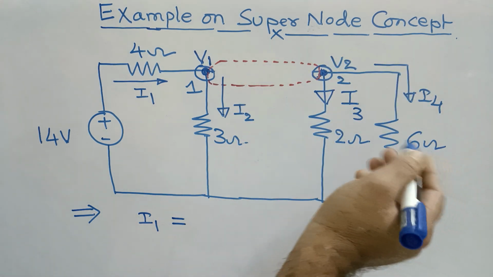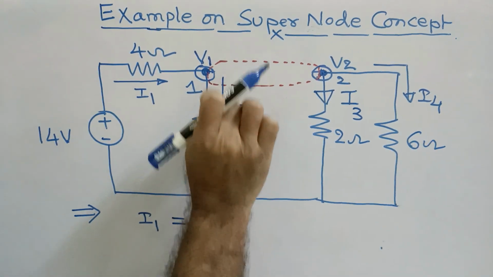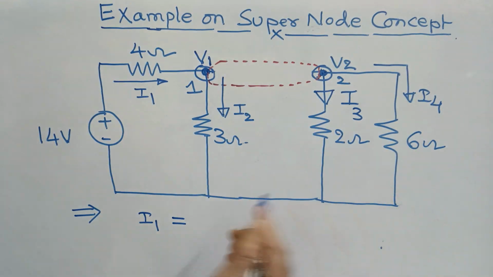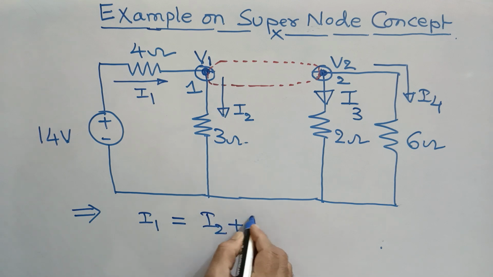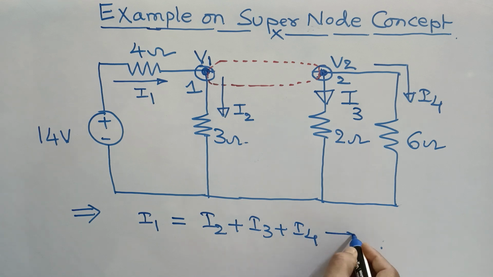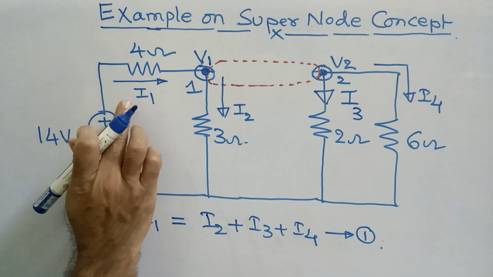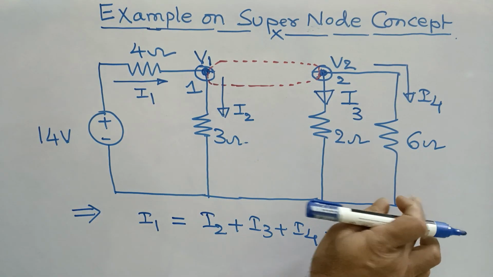I1 is the current entering the node, whereas I2, I3, I4 are leaving the node. Therefore you can write I2 plus I3 plus I4. This is your expression number 1. This is a very important point to understand here. So I1 is equal to I2 plus I3 plus I4.